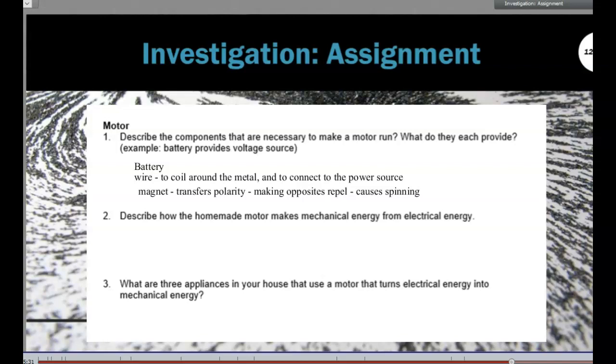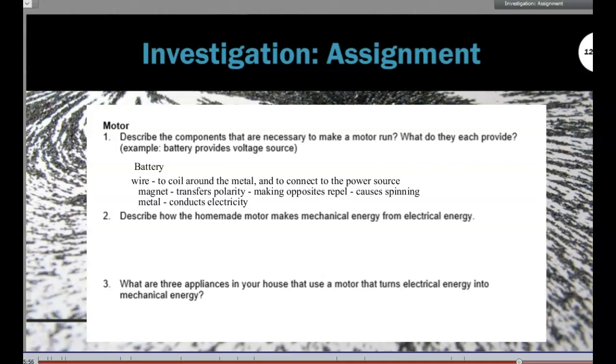You've got to have that loop that goes around your metal piece, your metal conductor. So you have your metal, which conducts, whoops, I didn't spell that right. Okay, so that metal is important. All right.